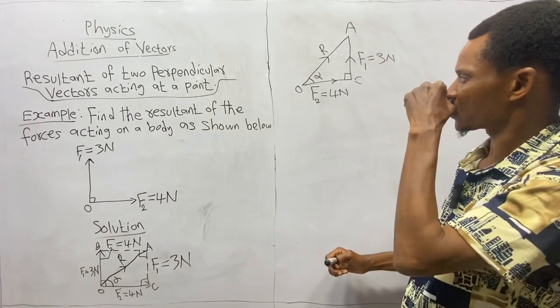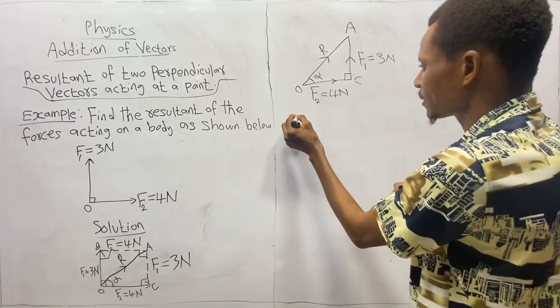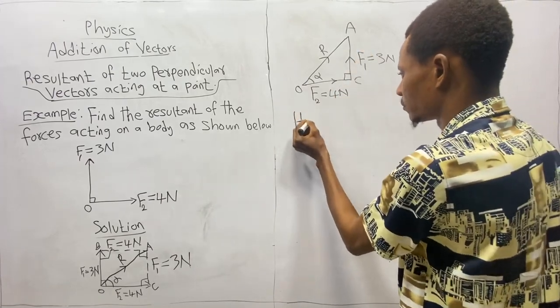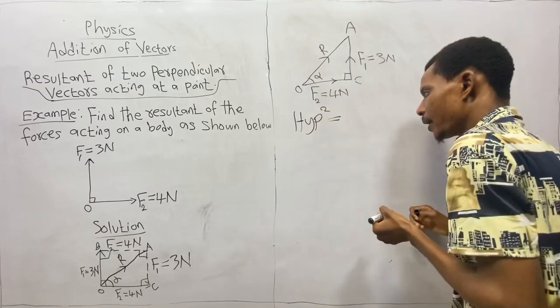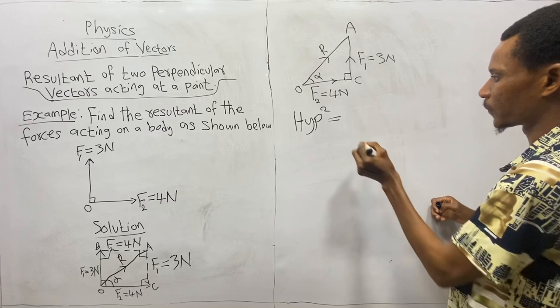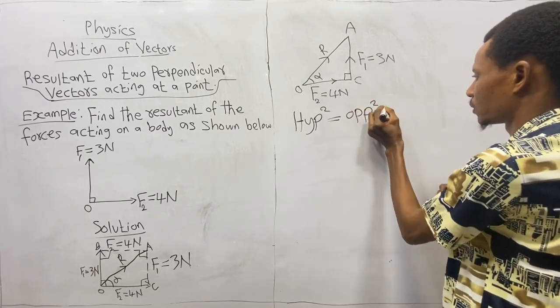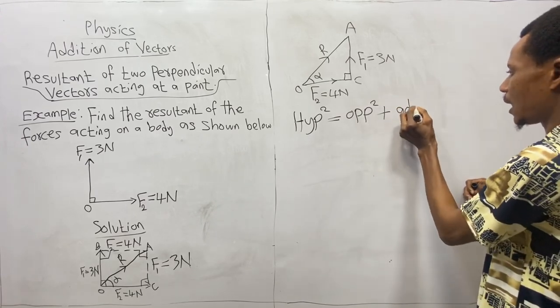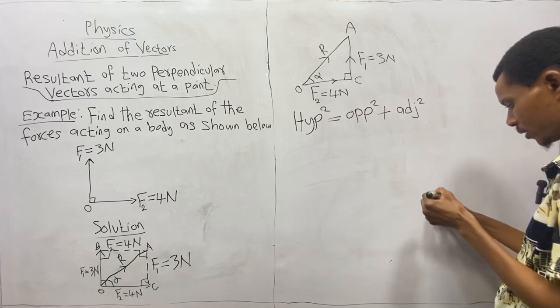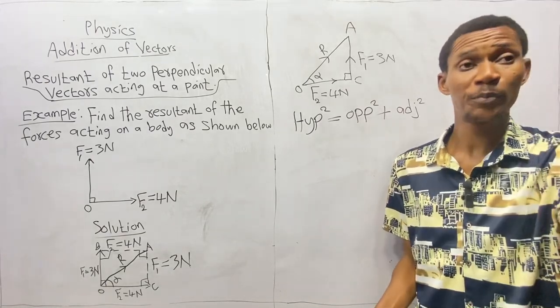So Pythagoras theorem says that in a right-angled triangle like this, the hypotenuse squared, I'll write the short form, hypotenuse squared is equal to the opposite squared plus the adjacent squared.